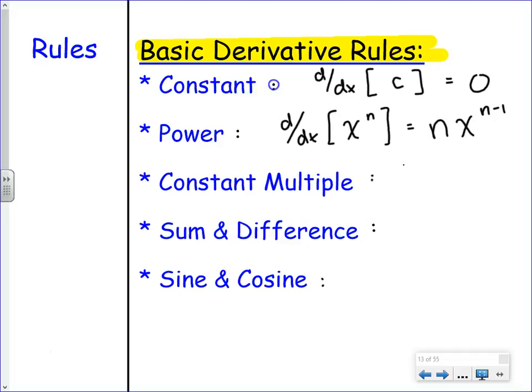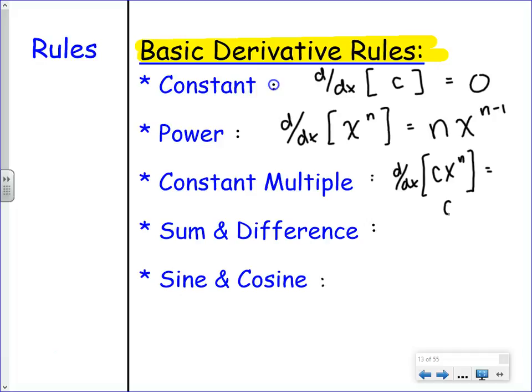Constant multiple rule. If I'm taking d dx of a constant times x to a power, when that n comes down, what does he end up multiplying by?